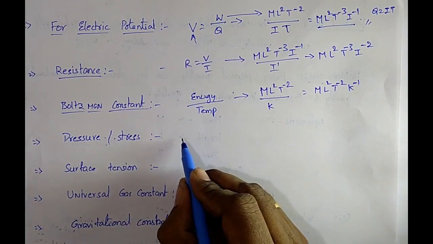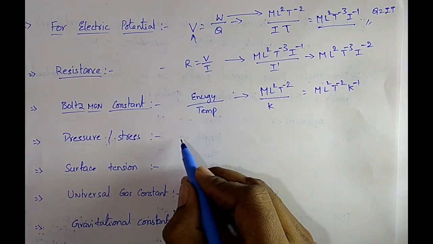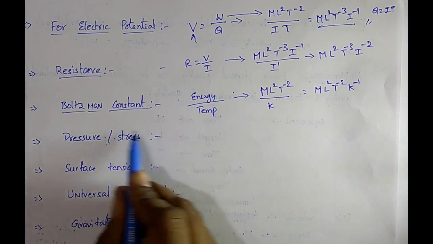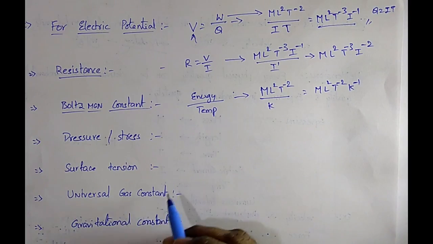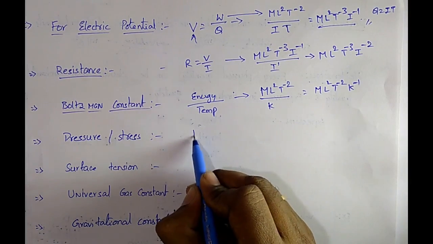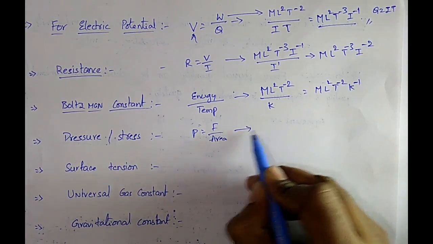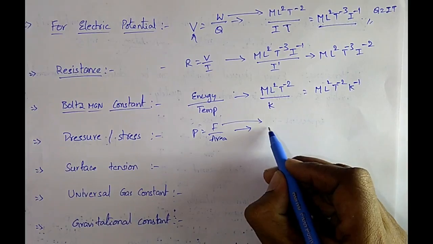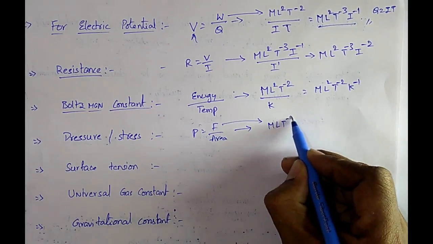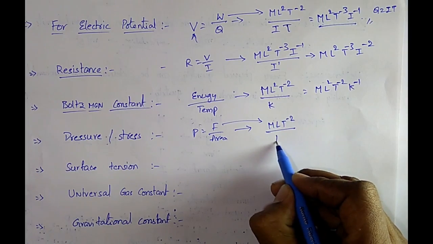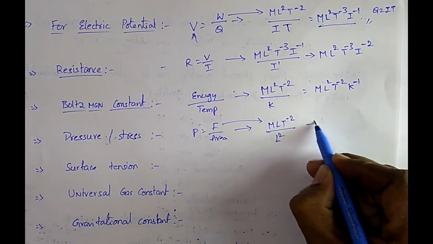And next one, coming to pressure or stress. The units for pressure or stress are equal. We know that pressure P equals force per unit area. The dimensional formula for force is M L T power minus 2, and for area it is meter square, that is length square, L square.